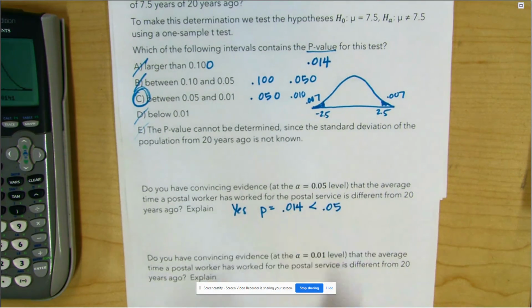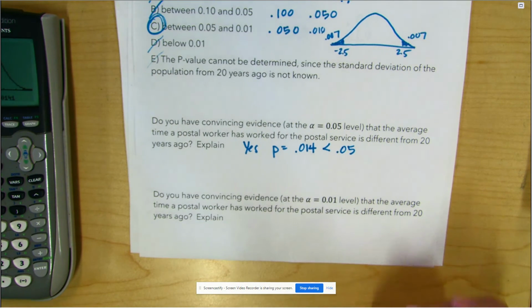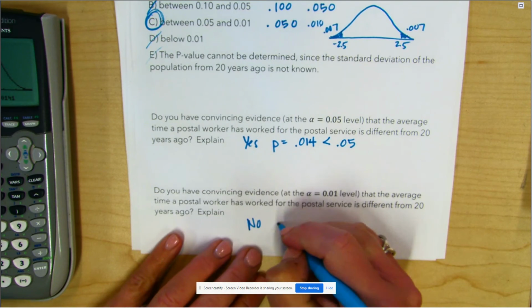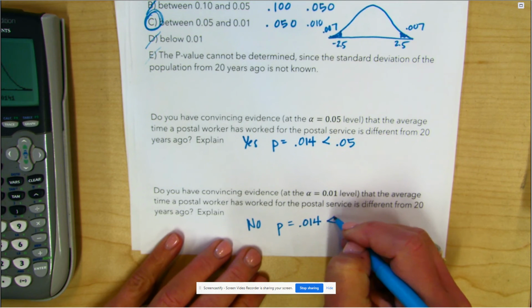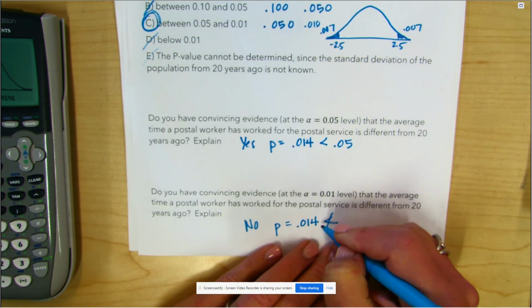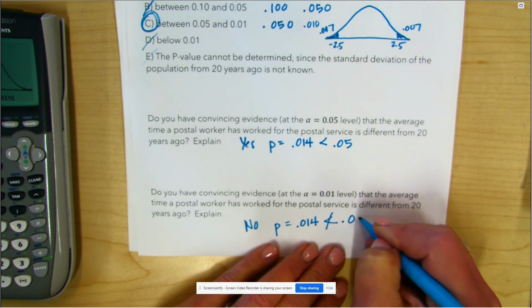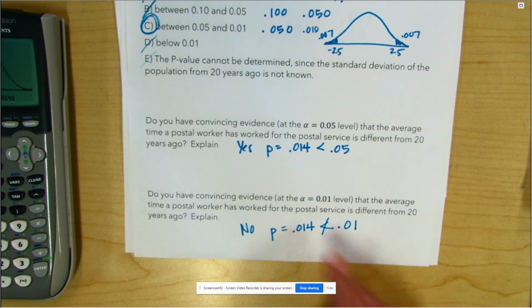That was our level. How about, do you have convincing evidence at the 0.01 level? No. P equals 0.014, which is not less than 0.01. I think you can say it is greater than. I think that's how they say it in your book. We need it to be under there to prove that, and it's not.